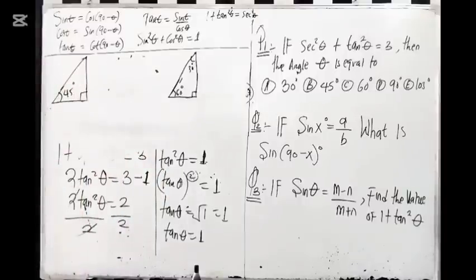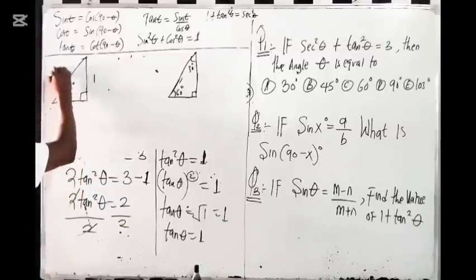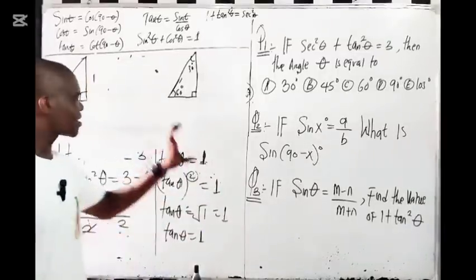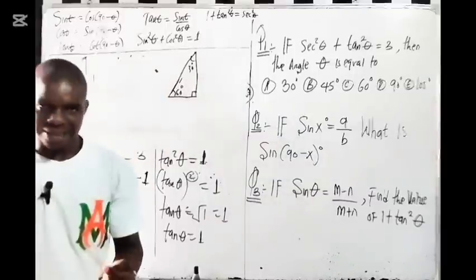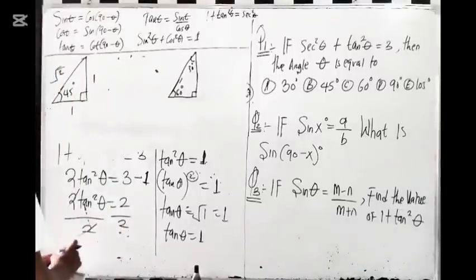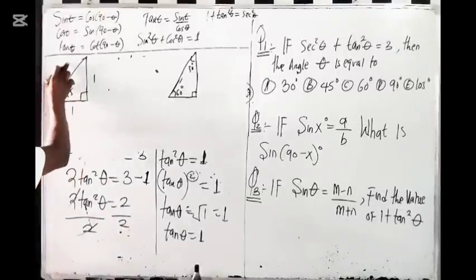So if you check it very well, here is 1, here is 1, here is square root of 2. Now, as a math student, you have to master this thing. It's very, very important to master this. So you have 1, 1, square root of 2, right?